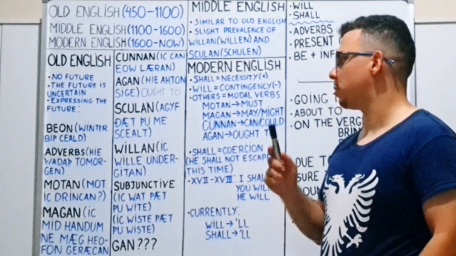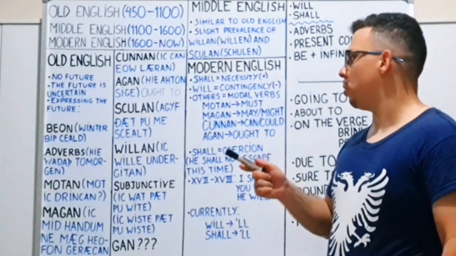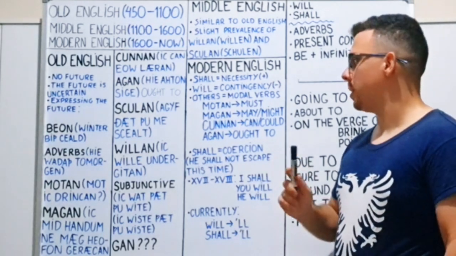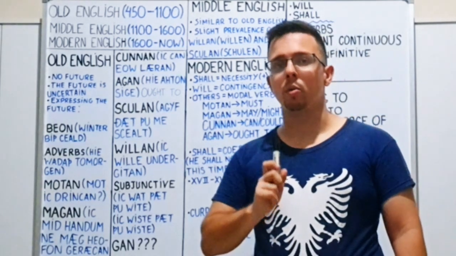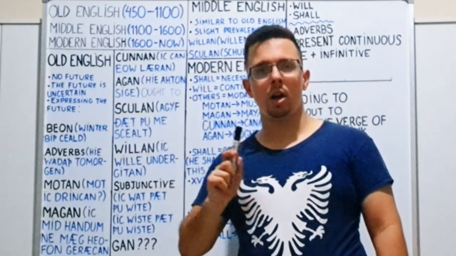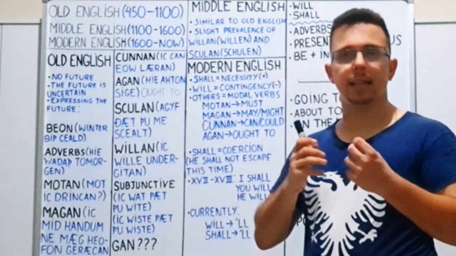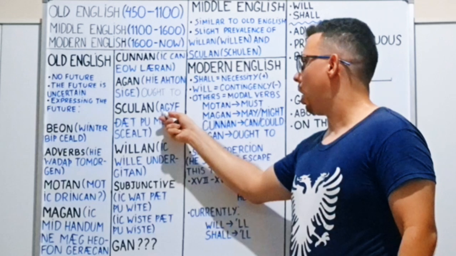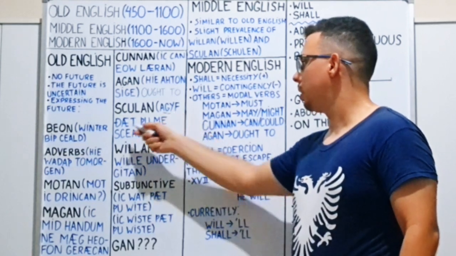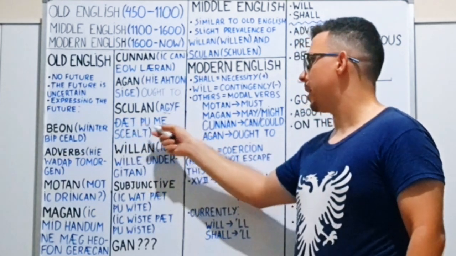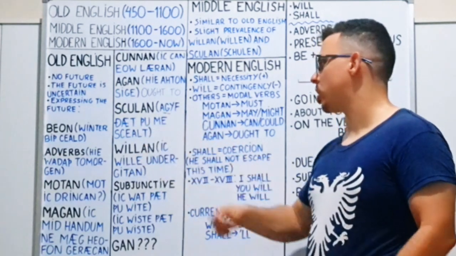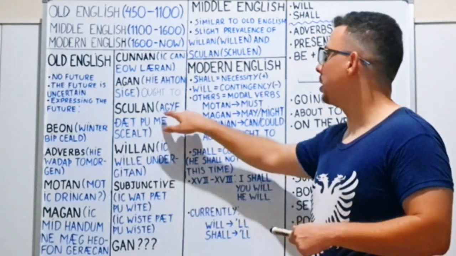And what was the original meaning of this word? The original meaning was related to a debt. The original meaning was to owe, to be in debt. So, for example, we have here, you've said to me shalt. You've said to me shalt, right?